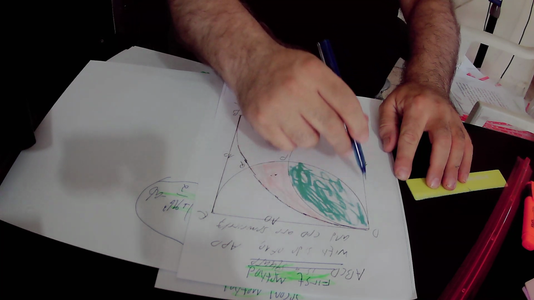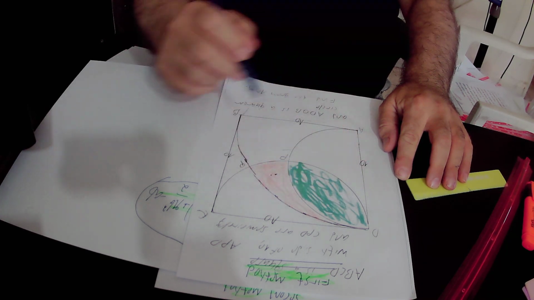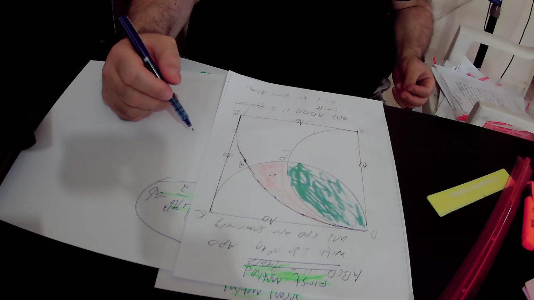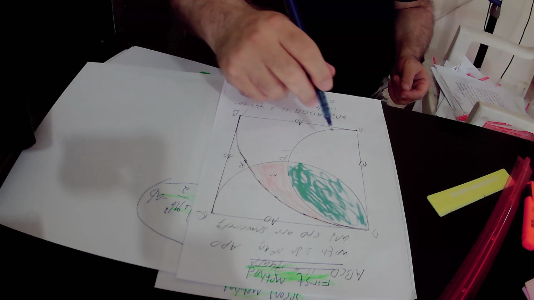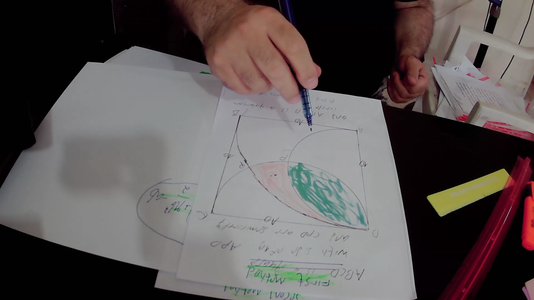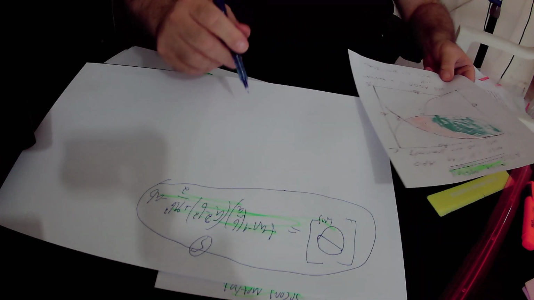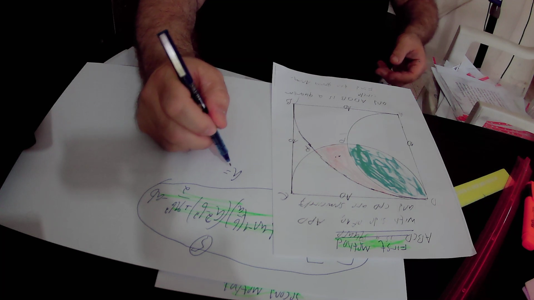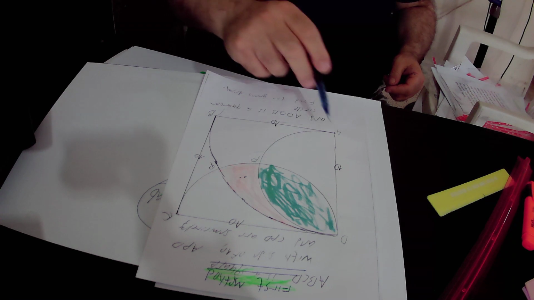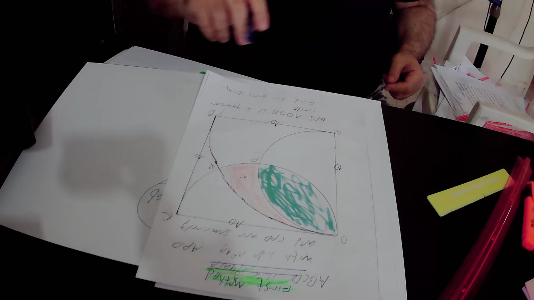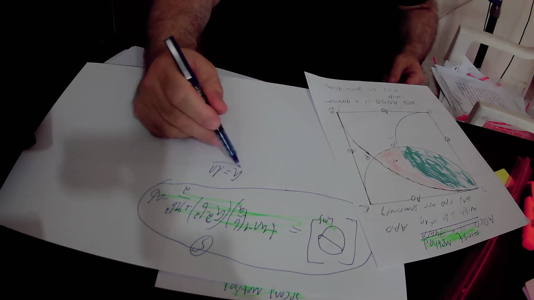For that reason, the radius of the quarter circle will be equal to A, and the radius of the semicircle will be equal to B. So A equals the radius of the quarter circle, which is 10 units.